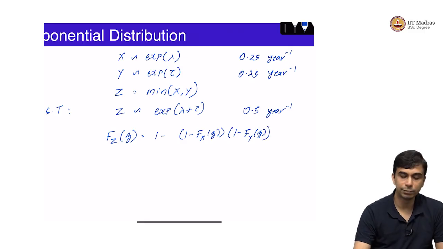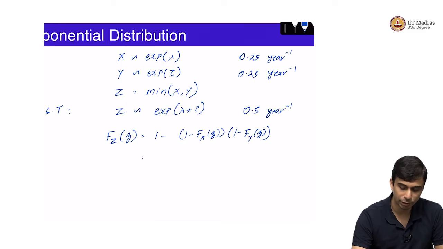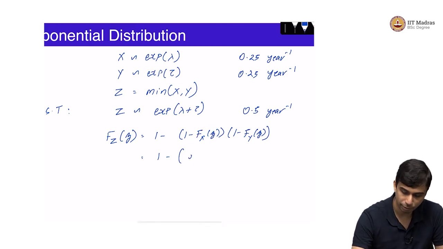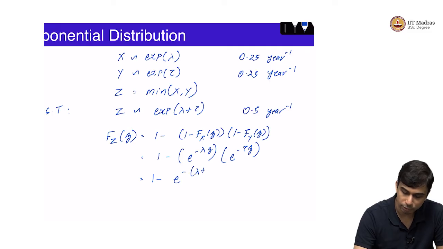This we derived previously for the general minimum of 2 random variables. We can substitute that here. 1 minus F_X of z is e power minus lambda z, and 1 minus F_Y of z is e power minus tau z. You can say this is equal to 1 minus e power minus (lambda plus tau) z.